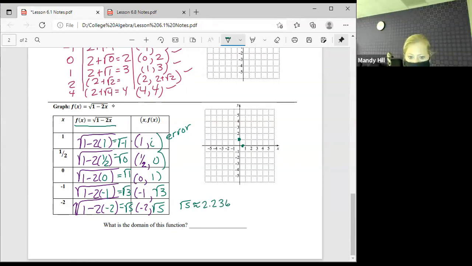So I'm going to plot the point -2 and go just a little bit above 2. So this one kind of goes the opposite direction.